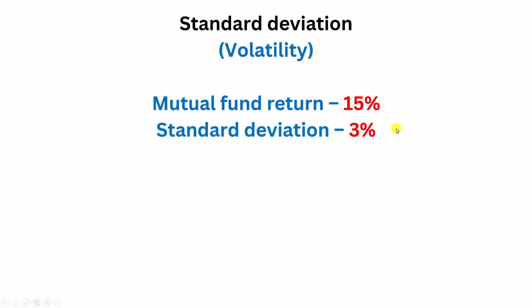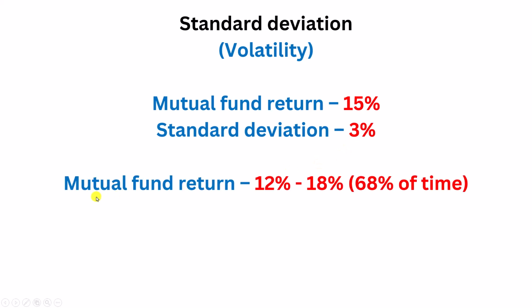If you are from a stat background, you know what standard deviation is. If you do not know, let me explain. So, the return of a mutual fund is 15%, standard deviation is 3%. It means that the mutual fund returns will be between 12 to 18%, 68% of the time.